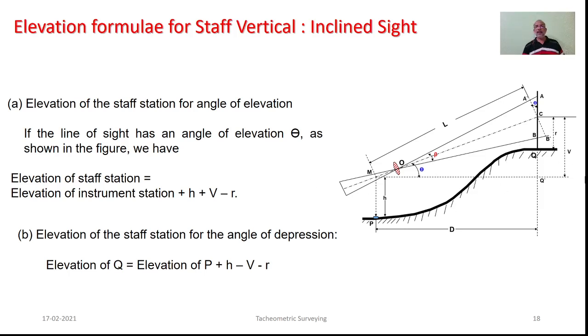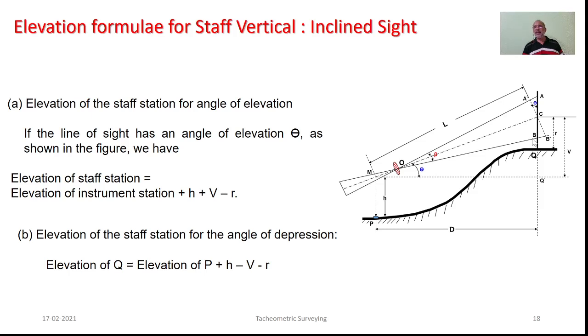As such, the RL of the staff station is nothing but RL of the instrument station plus H plus V minus R for inclined line of sight, which is in elevation.